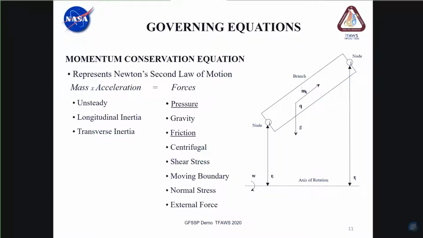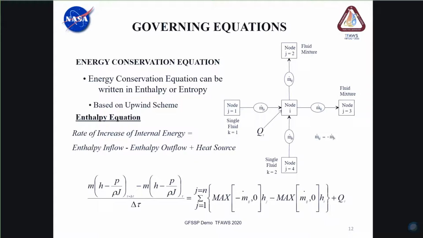If you have a high speed but still subsonic compressible flow, you can activate the inertia term. If you're sending a fluid uphill, you can turn on gravity. If you're modeling a turbo pump, you might want to activate the centrifugal term when you have fluid moving outward from your axis of rotation.